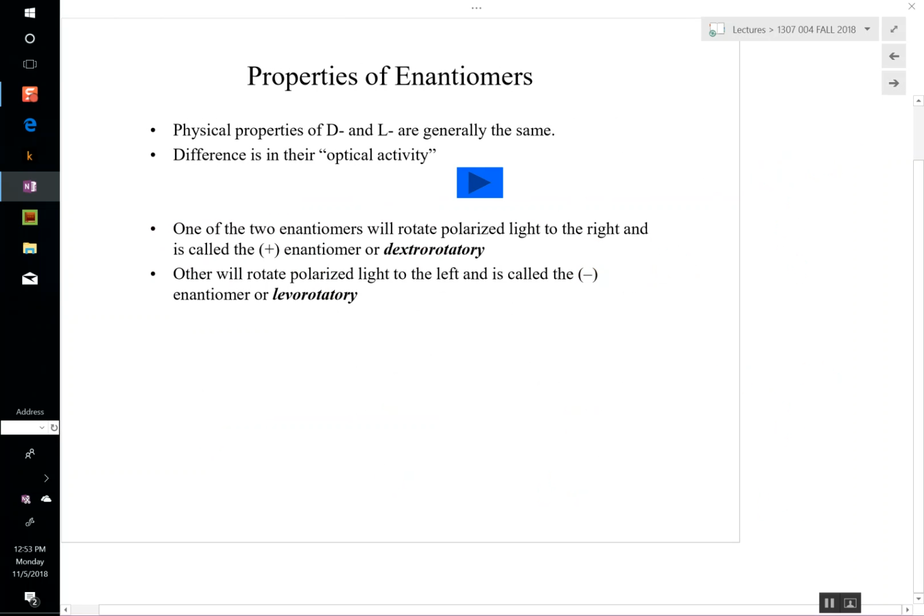Okay, now D and L chemically are pretty similar. If we made it in the lab, it would end up being a mixture of D and L, probably a 50-50 mixture, randomly forming.